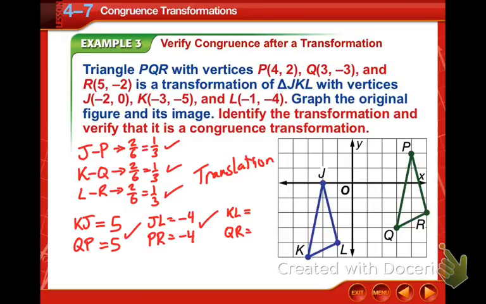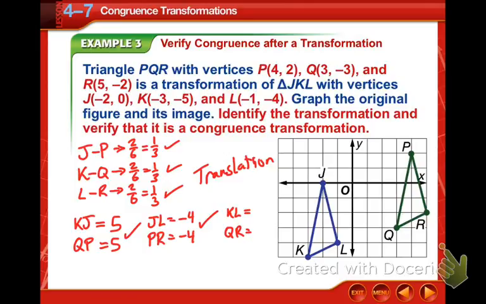If we weren't given the images, we would have to find the distance between the points and find the slopes between the points to make sure that the slope is the same and the distance between the points is the same. That's a lot more work. We're not going to do that. So I'd have to do distance formula 6 times and a slope 6 times without the graph. So having the graph definitely makes this problem a lot easier.